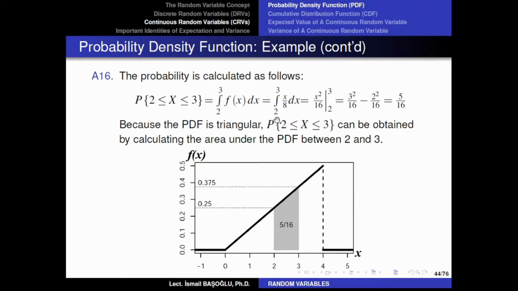And since this is a definite integral, we plug in the upper bound and lower bound values, and then subtract the integrated function plugged in with the lower bound from the integrated function plugged in with the upper bound. So 3 to the power 2 over 16 minus 2 to the power 2 over 16, which will give you 5 over 16. So the probability that the setup is going to have a duration between 2 and 3 hours is going to be 5 over 16.